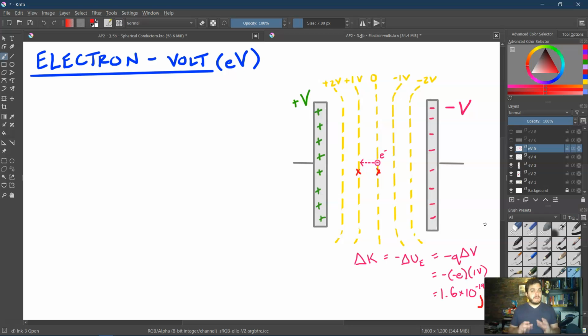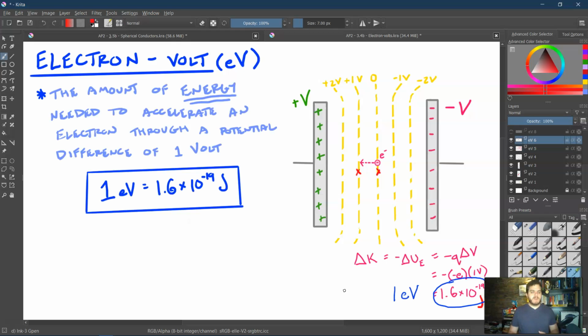However, a lot of times, we are not going to use joules, but instead we will employ a different unit that's basically defined by this exact context, which is an electron volt, 1 eV. So an electron volt is the amount of energy needed to accelerate an electron through a potential difference of 1 volt, which we just calculated was 1.6 times 10 to the negative 19 joules.